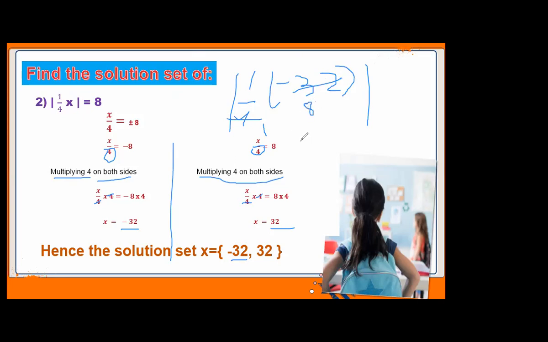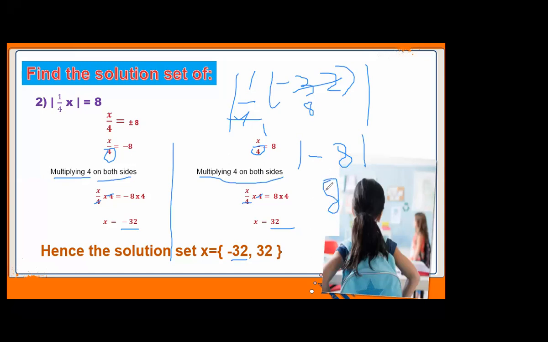So here we get mod minus 8, and we know that the number written inside the mod, the negative sign is there, and when the number is inside the mod we get the answer in plus.